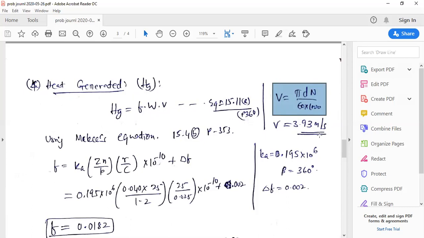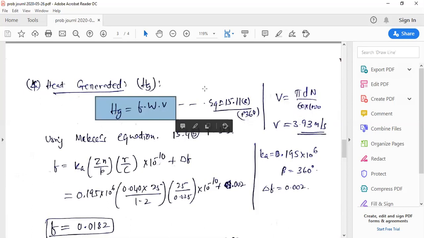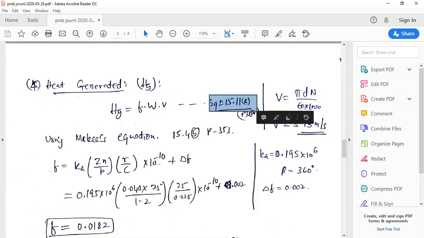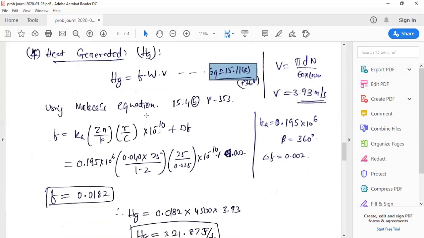That is 3.93 meter per second. And heat generated is obtained from equation number 15.11a from page number 360 of the data handbook. And to calculate the coefficient of friction, since this is not a lightly loaded bearing, equation 15.4b, page number 353, is to be used to calculate the coefficient of friction.